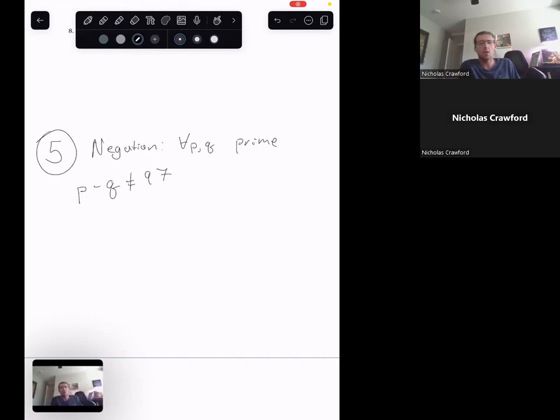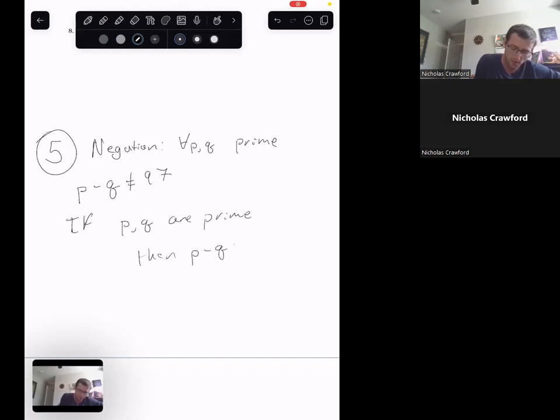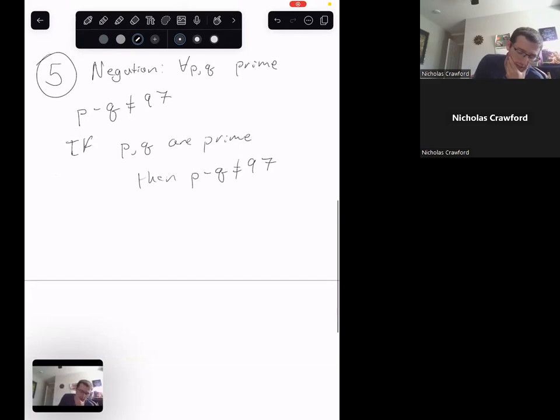If the original statement was false, then this statement would have to be true. We could rewrite this as: if P and Q are prime, then P minus Q does not equal 97. Now we have an if-then, but I still have no idea. So what if I tried the contrapositive of this negation?